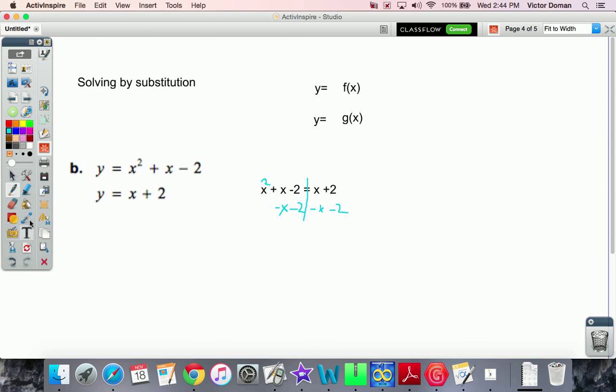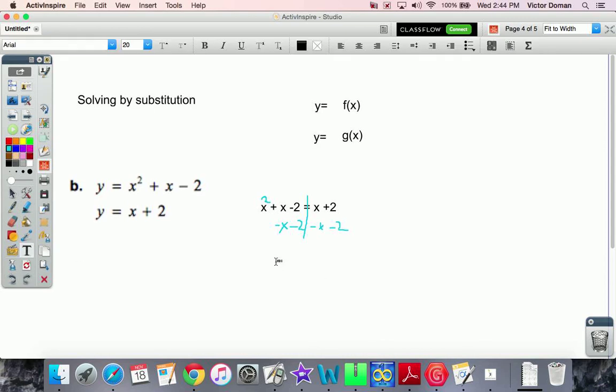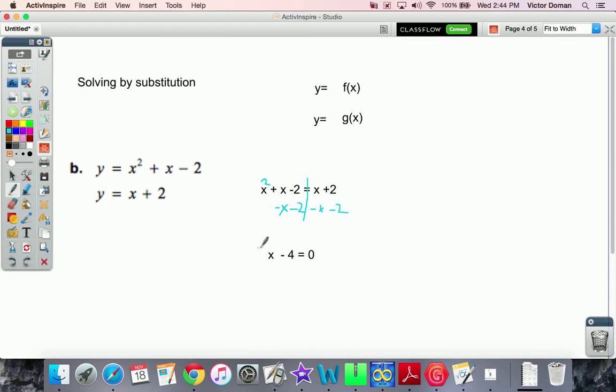After combining like terms, we notice we have x squared minus 4 equaling 0. X minus x is 0, 2 minus 2 is 0, negative 2 minus 2 is negative 4.